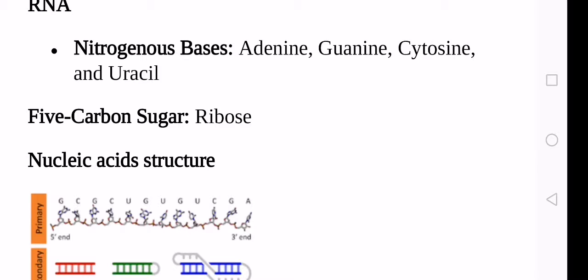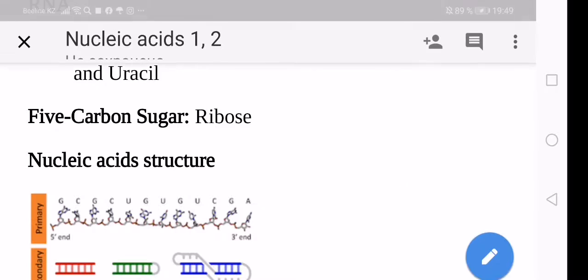So, the main differences between DNA and RNA are, first, functional: DNA is the store of genetic information, and RNA is for protein synthesis.